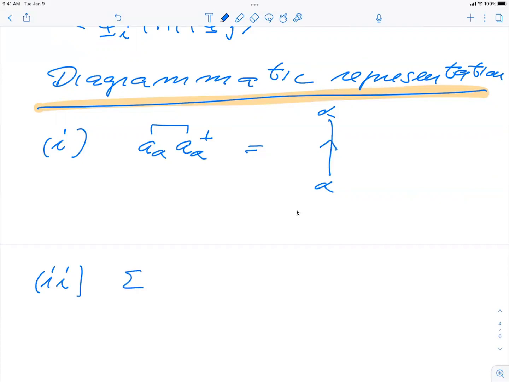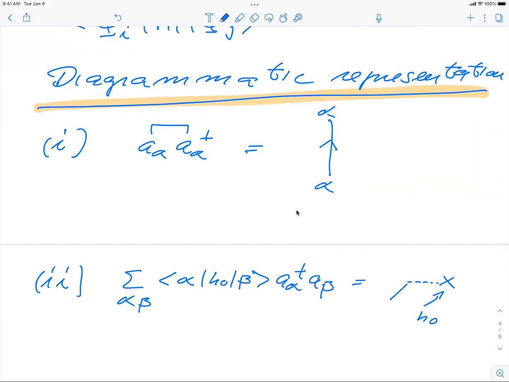So a given operator, a sum over alpha and beta of H0, just to give you an example of a one-body operator, a alpha dagger a beta. This is something which I'm going to represent with a line and an asterisk. So this represents H0, or the operator, a one-body operator.